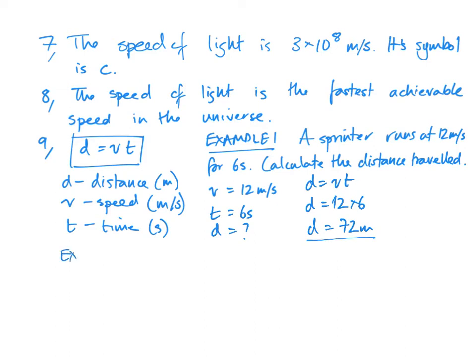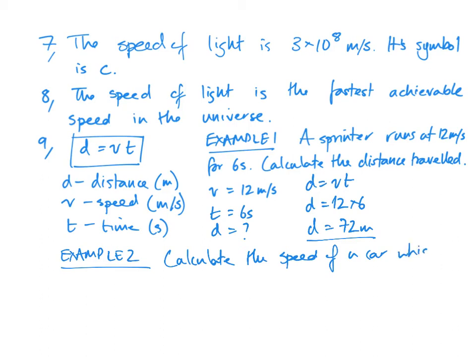Example 2. We'll look at rearranging. Calculate the speed of a car which travels 100 meters in 3.8 seconds.